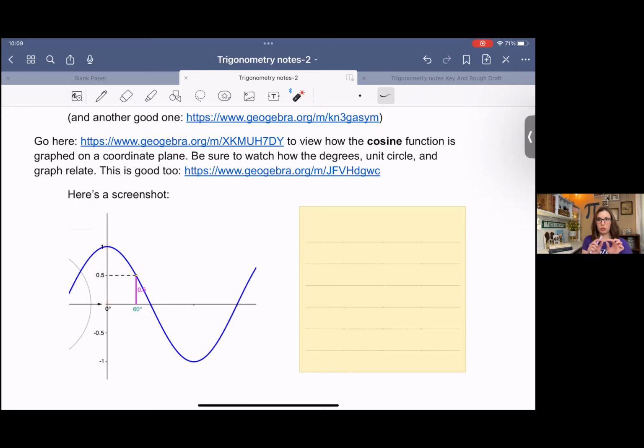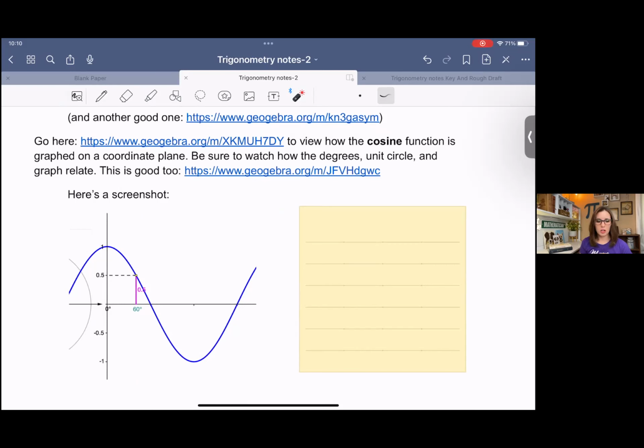Because on the unit circle, it translated to XY coordinates, and cosine of 0 is on the x-axis at 1, so cosine 0 is 1. And then cosine of 60 degrees or pi over 3 is a half, and so on. So you can see some points there.